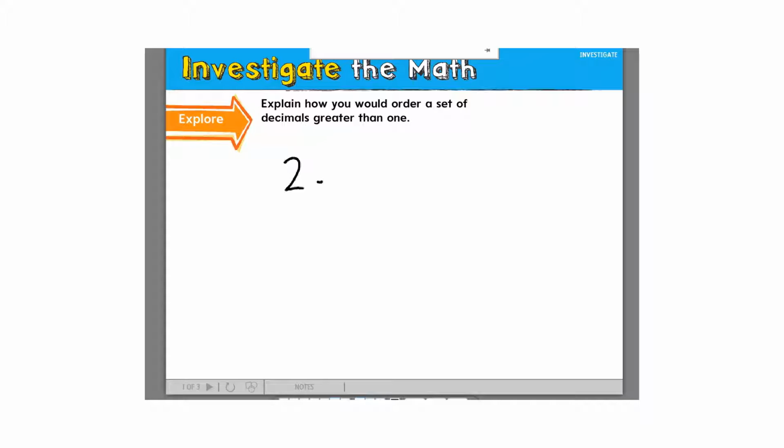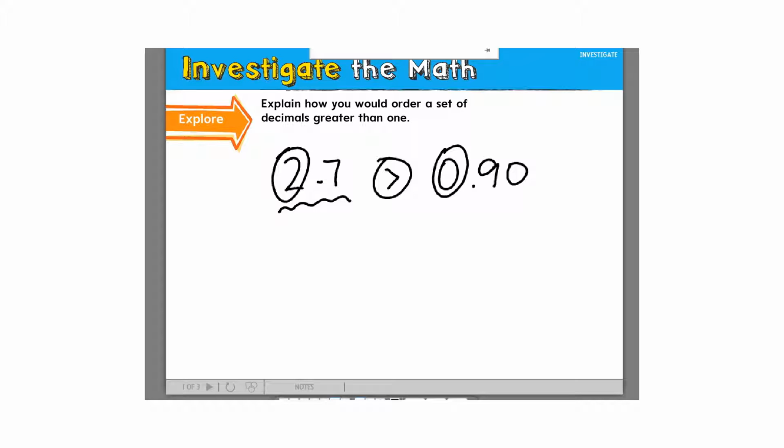If you have 2 and 7/10 and you have 90/100ths, you know that this one is automatically going to be larger because it has a number in the ones place and this one has a 0. So anytime you see a number in the ones place and the one that you're comparing doesn't have anything in the ones place, it's automatically going to be bigger. You don't even really have to compare the rest because having whole dollars is better than having cents.